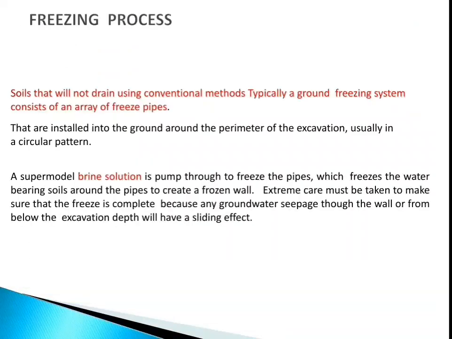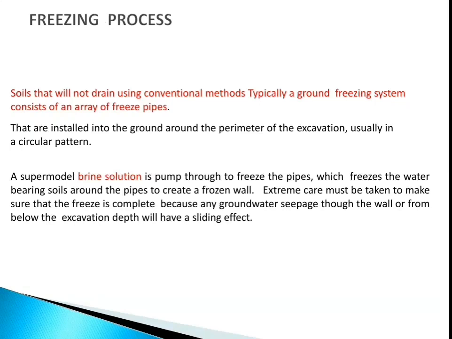Next one is the freezing process. For soil that will not drain using conventional methods, a ground freezing system typically consists of an array of freeze pipes that are installed into the ground around the perimeter of the excavation, usually in a circular pattern. A brine solution is pumped through the freeze pipes, which freezes the water-bearing soils around the pipes to create a frozen wall.